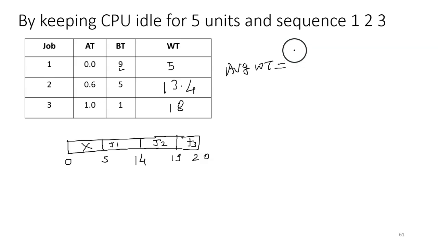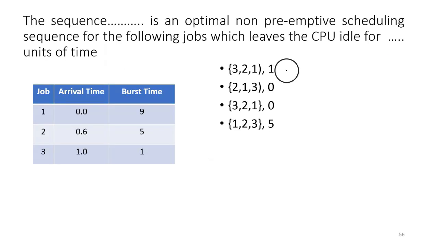So average waiting time is 5 plus 13.4 plus 18 divided by 3 equals 12.13.